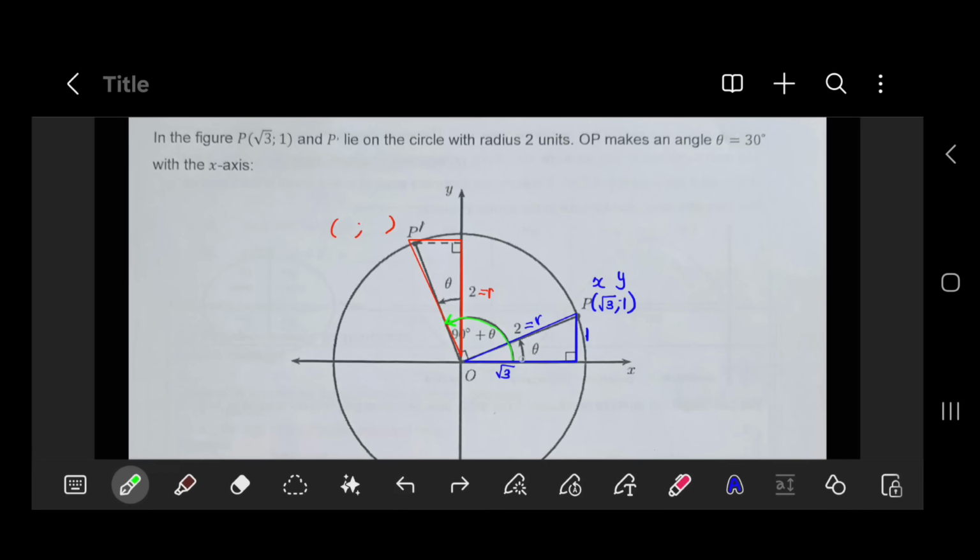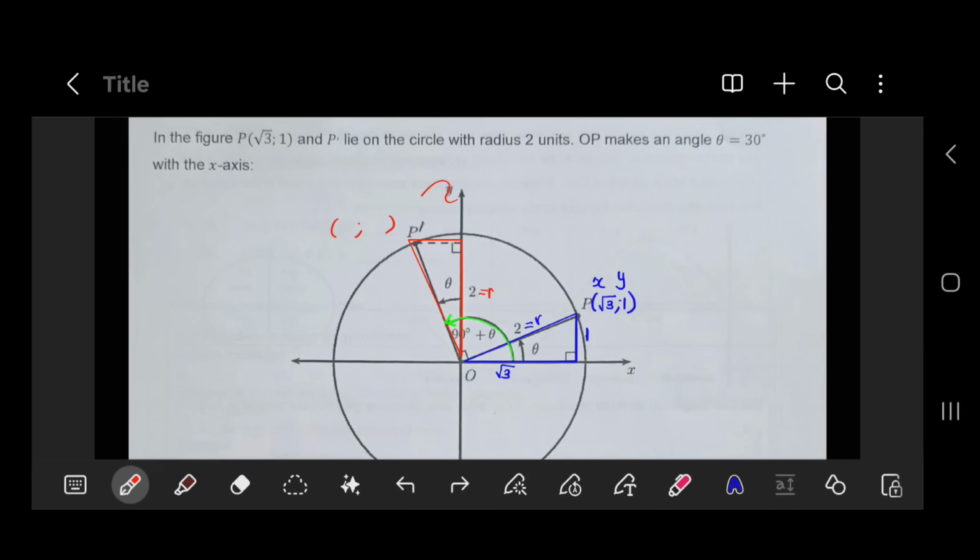Remember in maths, angles are always measured anti-clockwise from the positive x-axis. So from your positive x-axis anti-clockwise to that hypotenuse, the angle is 90 plus theta.